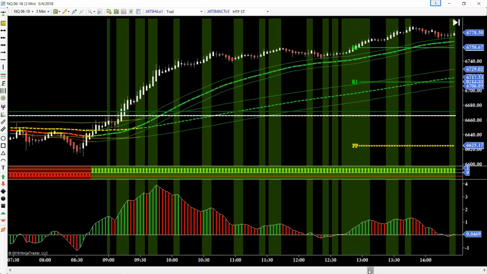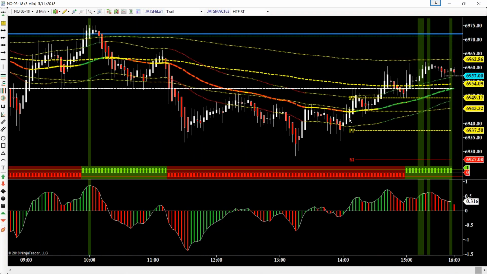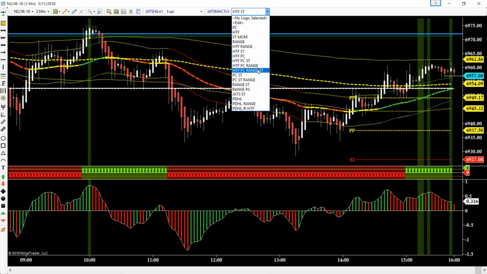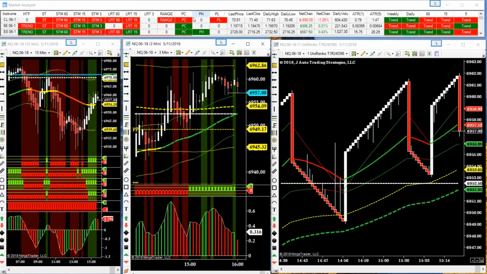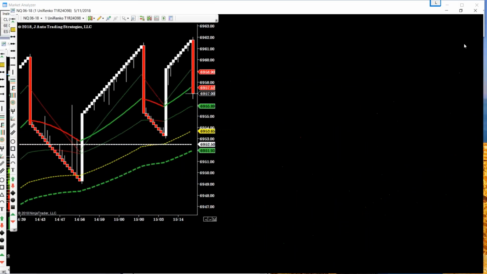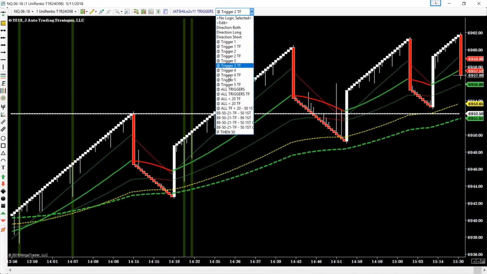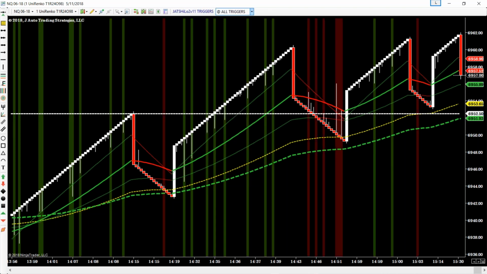And I find that often it works. So that's why I have them on my market analyzer and on my charts. Otherwise, we'll just trade what's in front of us and try to execute these trades using the tools that we have.